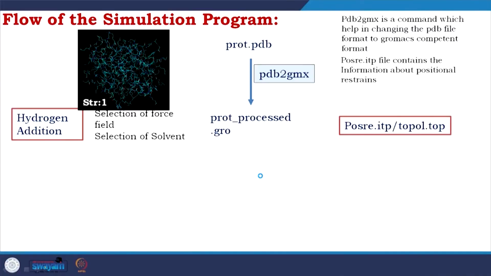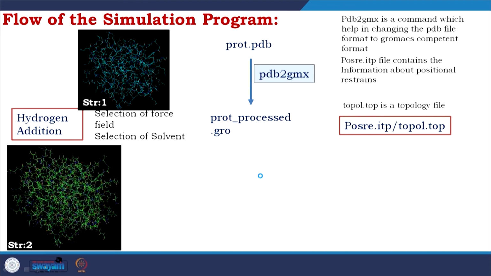An atom in a loop could travel a huge distance, but at the same time you cannot consider infinity as your simulation system. So, you put the restriction; the posre.itp file contains the information about the positional restraints. Topol.top is a topology file.